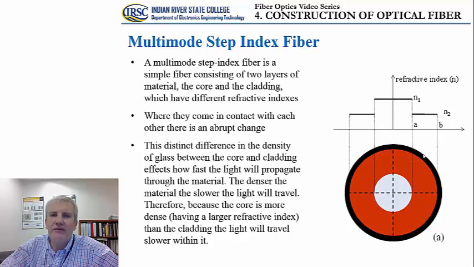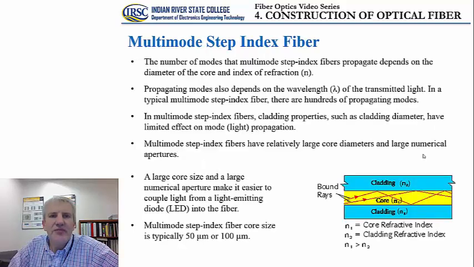compared to the speed of light in the cladding. Let's look at the multimode stepped index fiber from the perspective of the number of modes. Since we are talking about multimode fiber, we have a number of modes propagating along the core, and the number of modes that will be propagating is a direct function of the diameter of the core and the index of refraction.